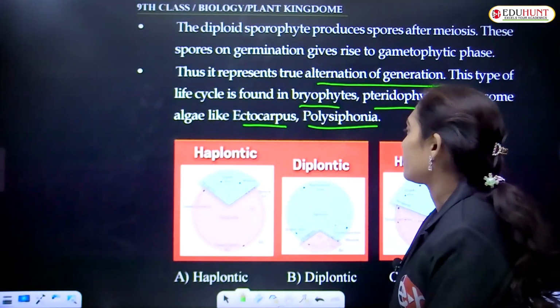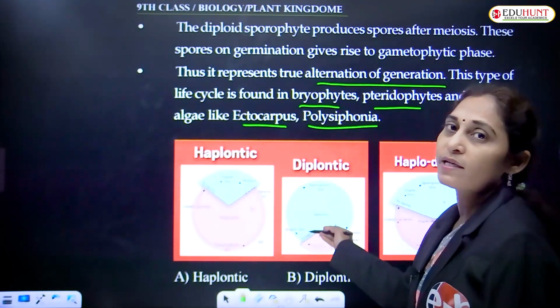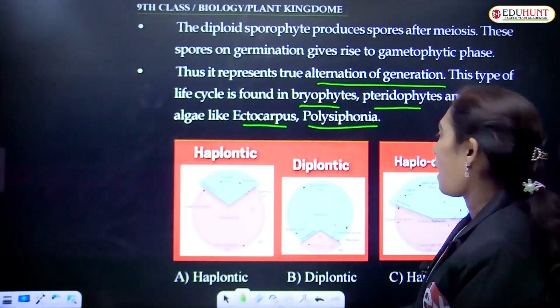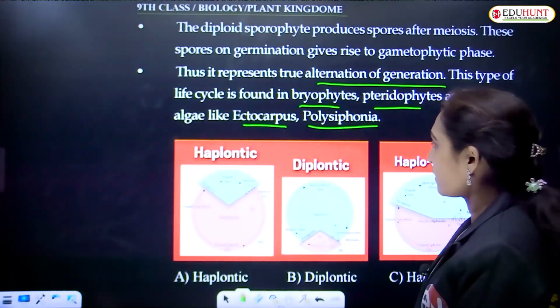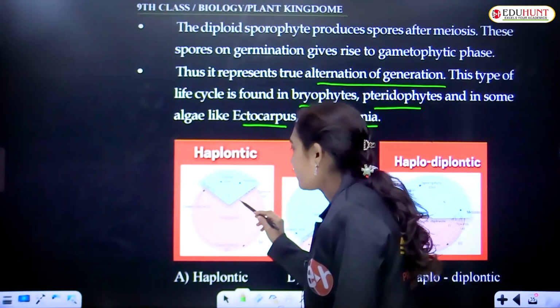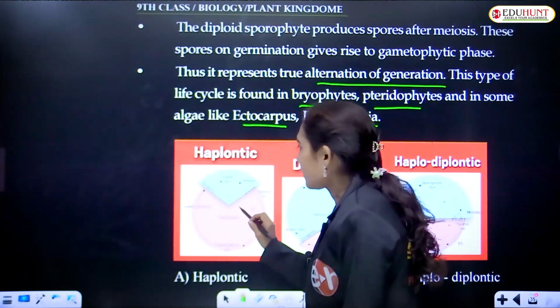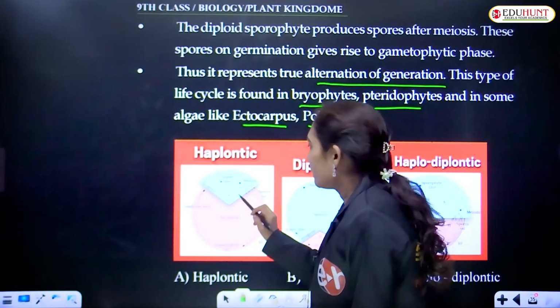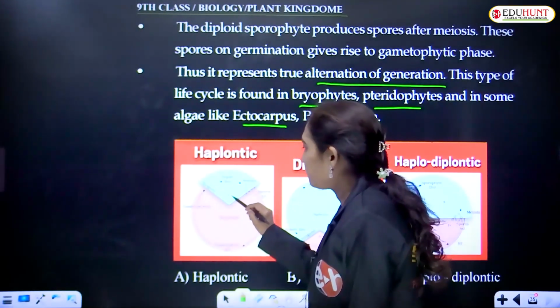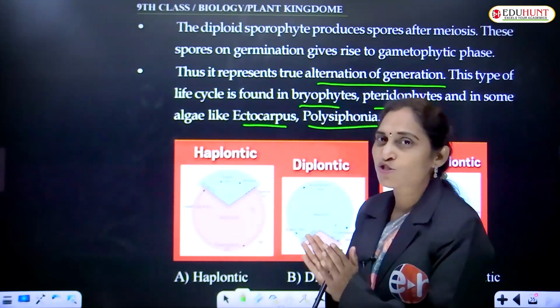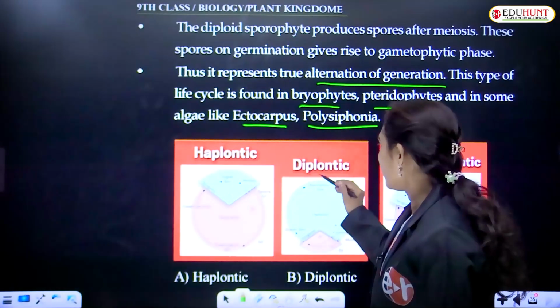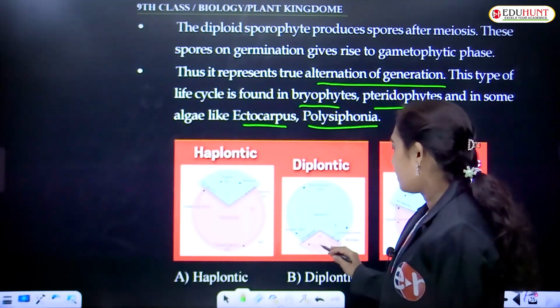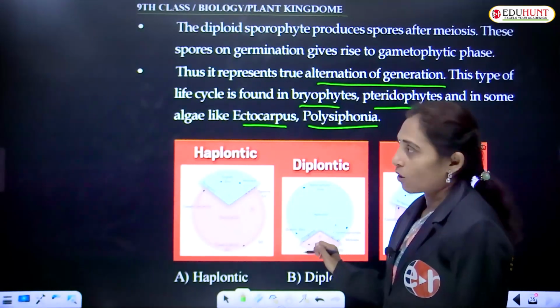This is the haplontic life cycle, this is the diplontic life cycle, and this is the haplodiplontic life cycle. You can see clearly that in the haplontic life cycle, the zygote, the diploid phase, is very short-lived, but in the diplontic life cycle, the haploid phase is short-lived.